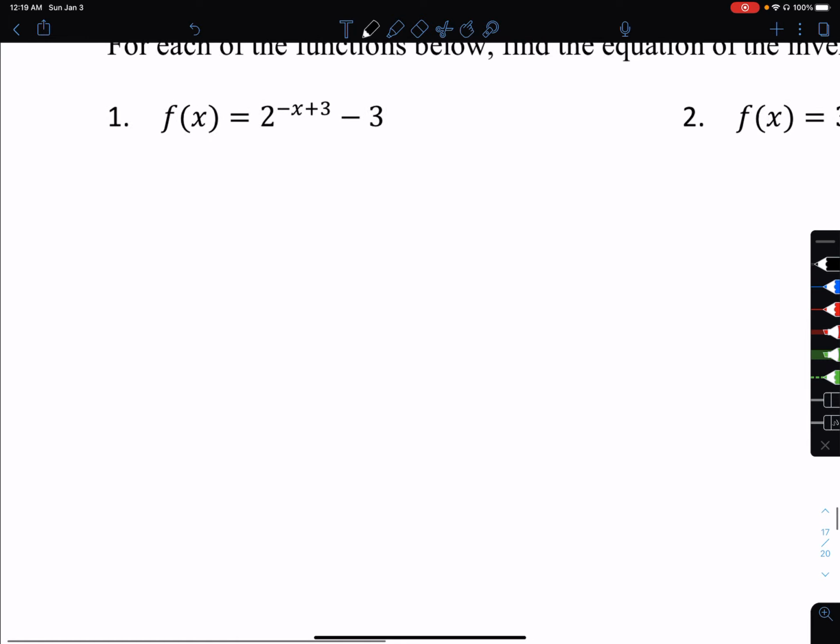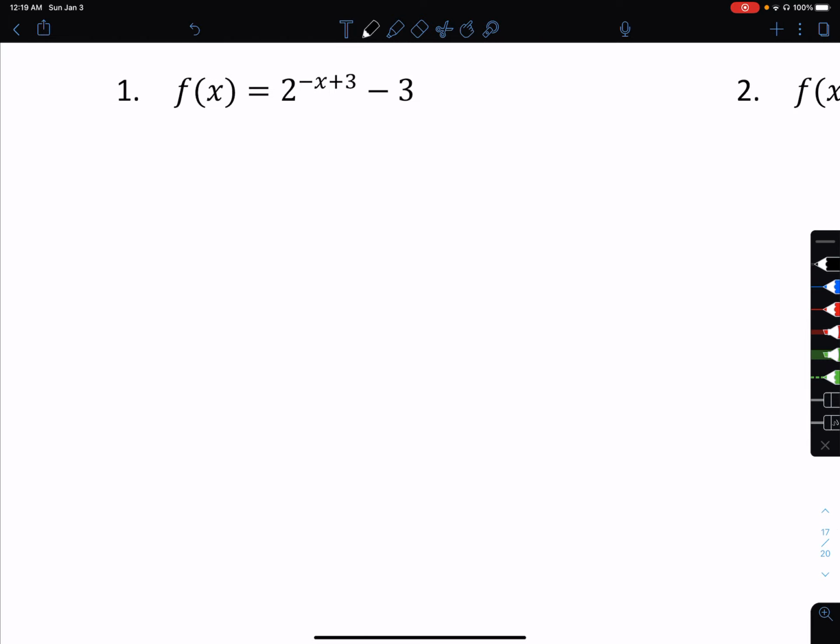So looking at this first problem, we want to interchange x and y. And we want to get y by itself, ultimately. To do that, we want to get the base and the exponent by itself. So I'm going to add 3 to both sides.